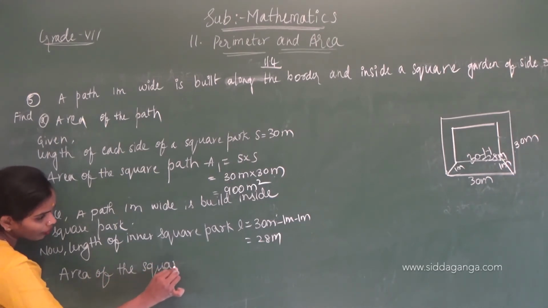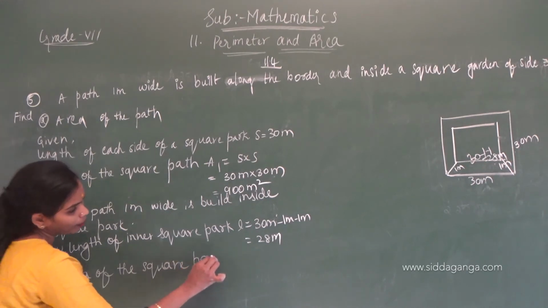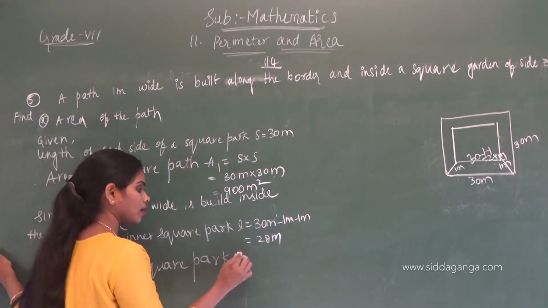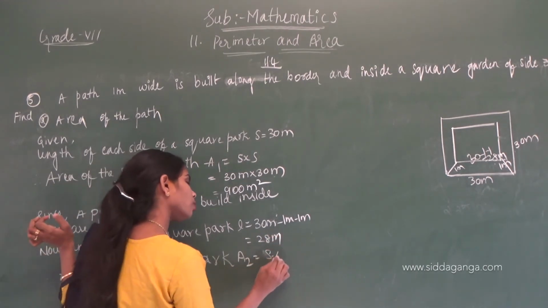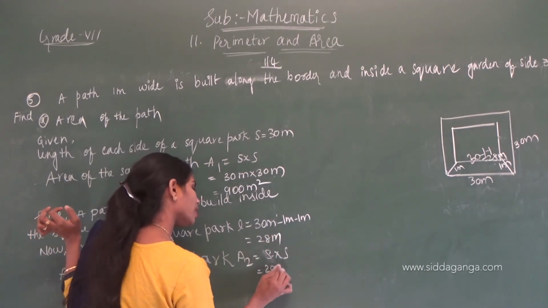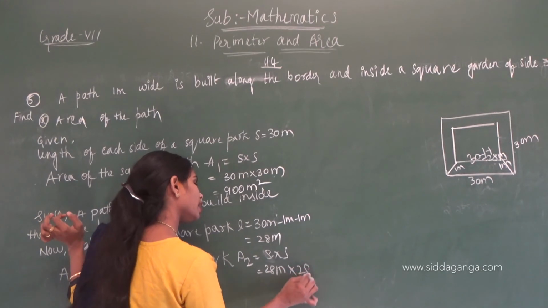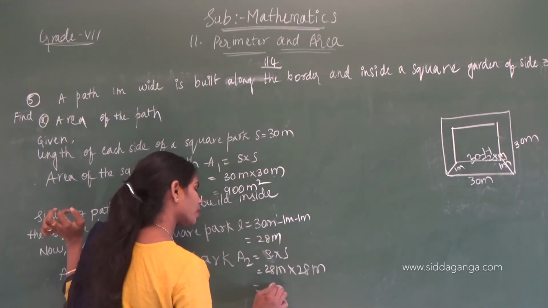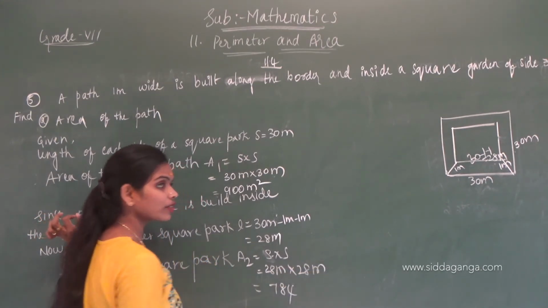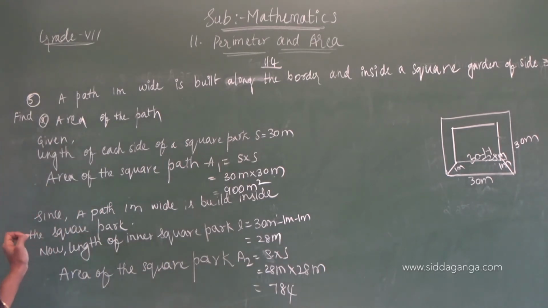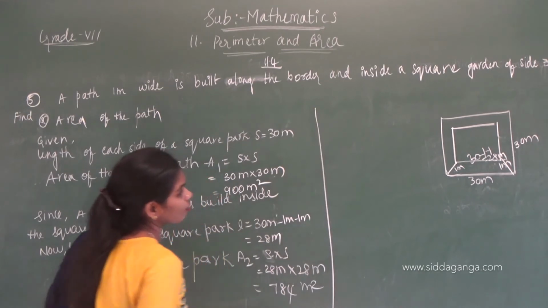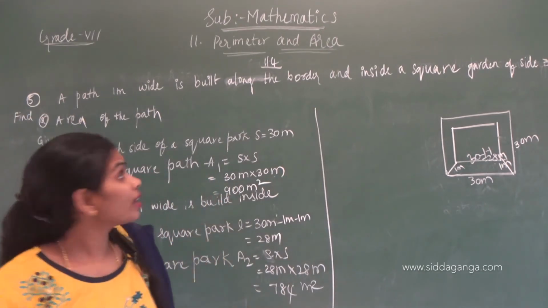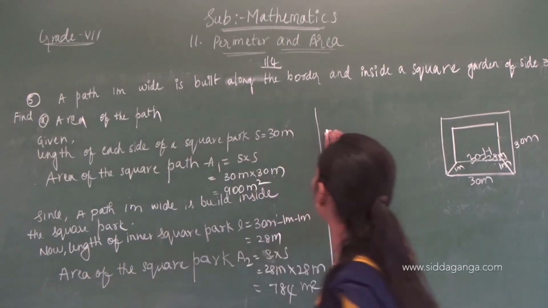What is the area of the square park? A2 equals side into side, that is 28 meter into 28 meter. What is 28 square? 784 meter square. And then what we have to find now? Area of the path.